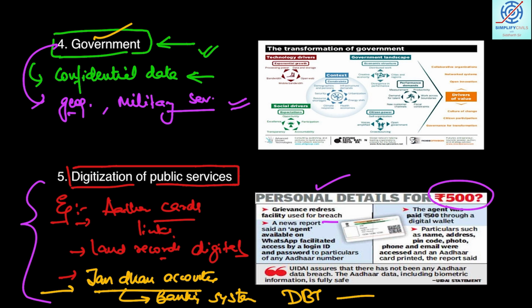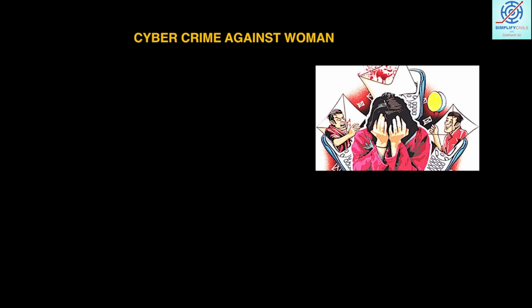This news was refuted by the UIDAI, which showed that nothing of this sort happened and that the biometric information is fully safe. We need to ensure that such crimes do not happen.